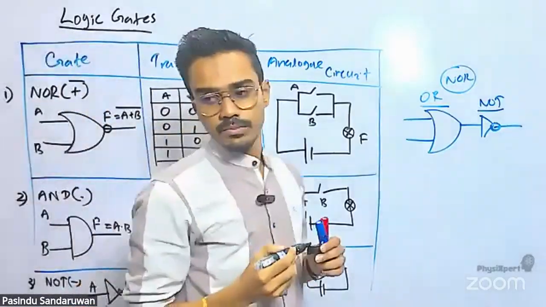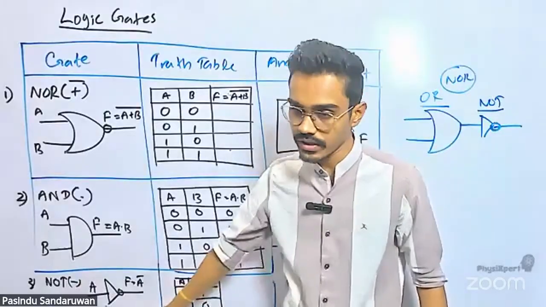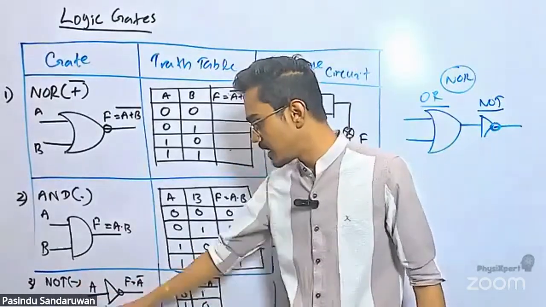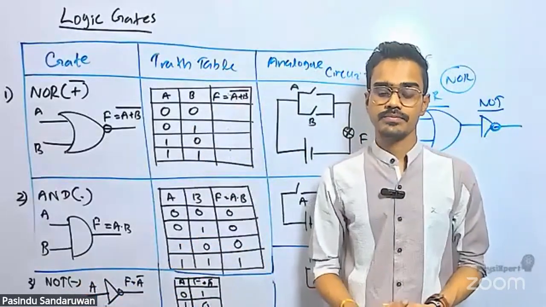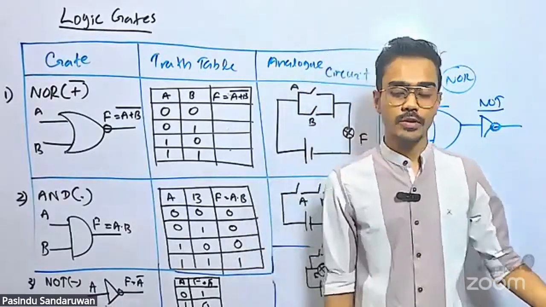And one more thing I actually missed. Use a red pen and mention with the NOT gate, somewhere here or somewhere close to the NOT gate: only one input is applicable for NOT gates.